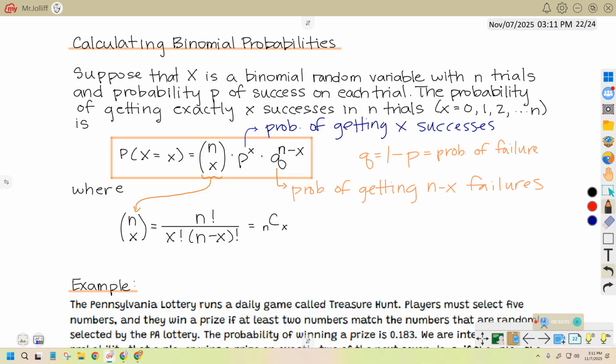And what that binomial coefficient is doing is it is looking for the number of ways that I can get x successes out of n trials.